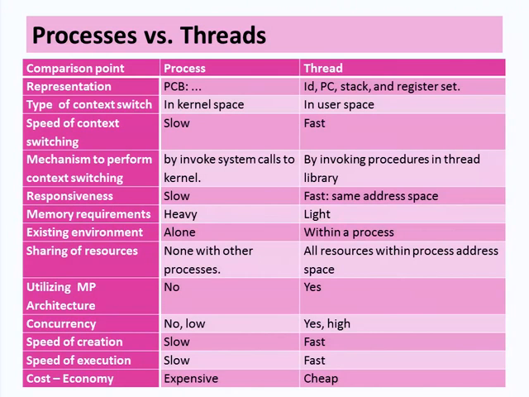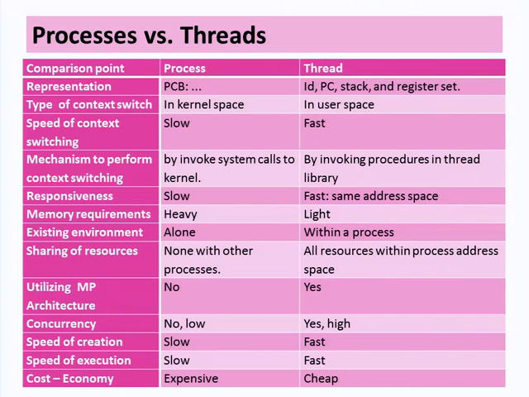Context switching is faster in threads, and it does not involve any system calls or invoking the kernel in the context switching itself. The mechanism to perform the context switching is system calls for processes, and runtime libraries for threads. The responsiveness of the overall system is faster with multi-threading because they're processing simultaneously. Memory requirement is lighter.